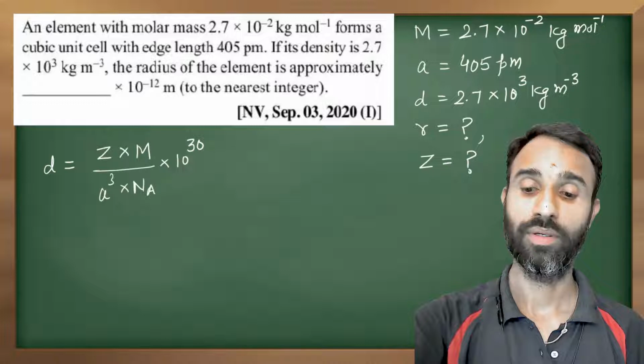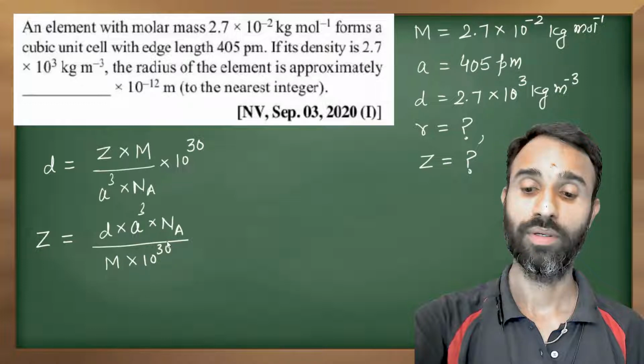So now let's go further. Z is equal to D into A cube into Na divided by M into 10 raised to power 30, right?